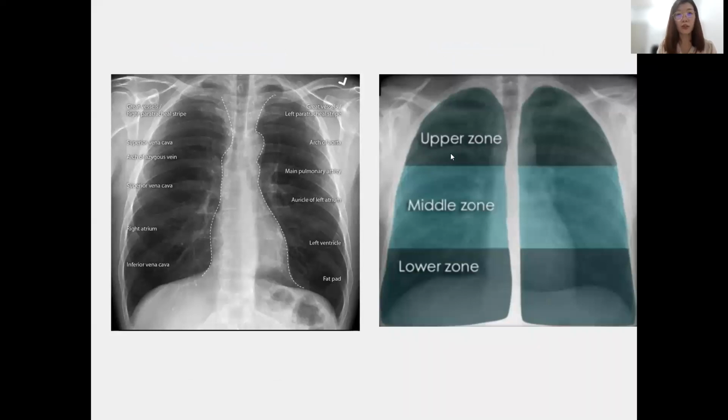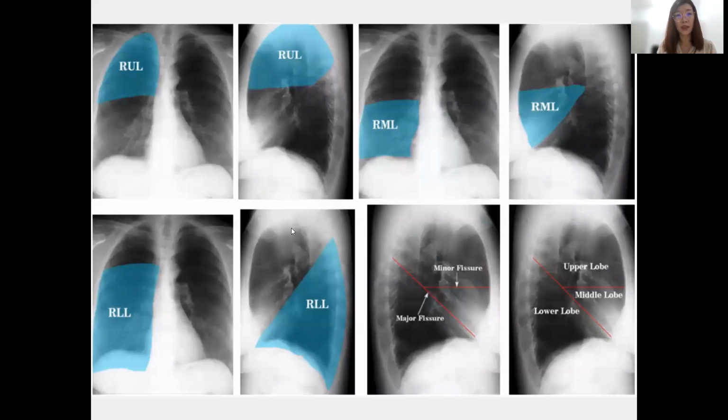Okay, so we divide the zones into upper zone, middle zone, and lower zone according to this diagram. So for the upper lobe, we will know the upper lobe is on the right side, right upper lobe. So we have 3 lobes on the right side, 2 lobes on the left side.